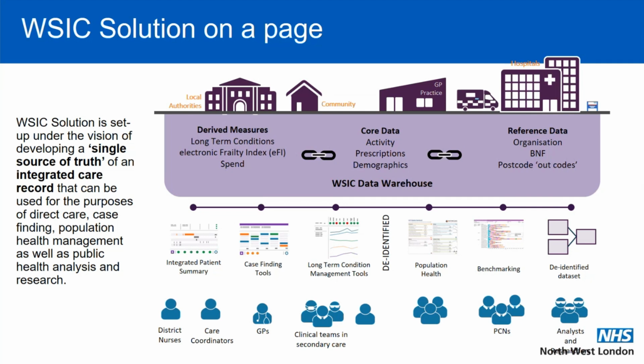So on top of this data, we then apply a number of different algorithms. So things like long-term condition. So of all that information that we've received in the data warehouse, then we calculate on that data to work out maybe somebody who's got COPD or asthma or AF, hypertension, and so on. We also use algorithms such as the electronic frailty index, Q admission.